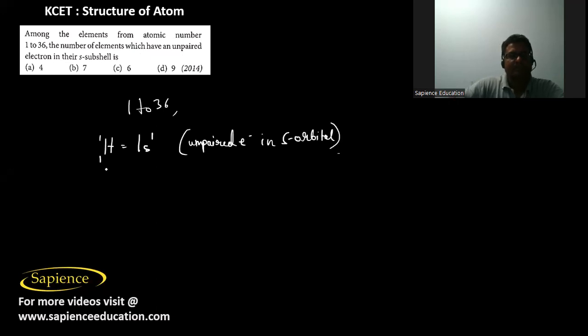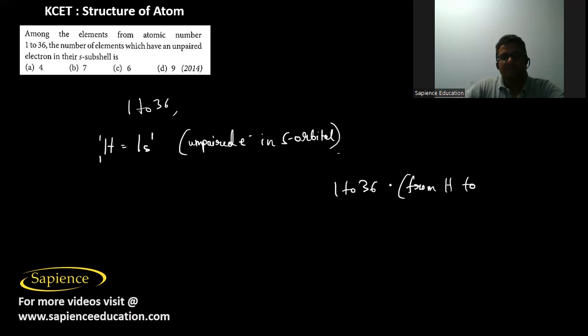Then we have 1 to 36, that means from hydrogen it is going up to zinc, which is 30.